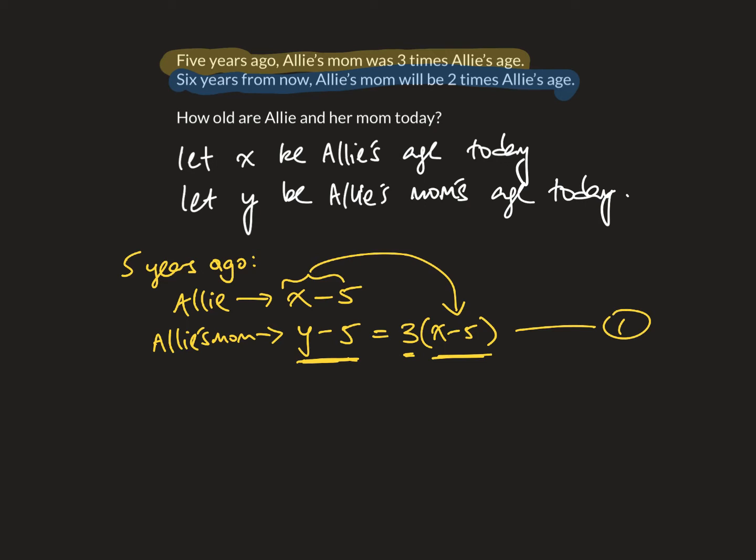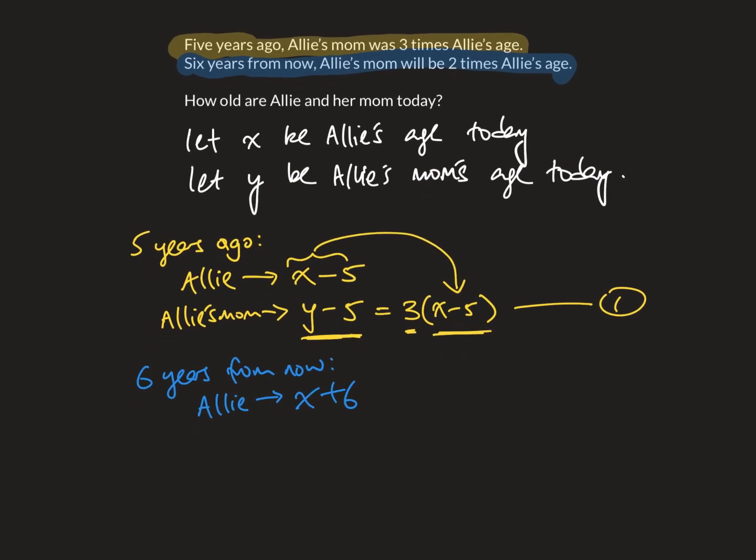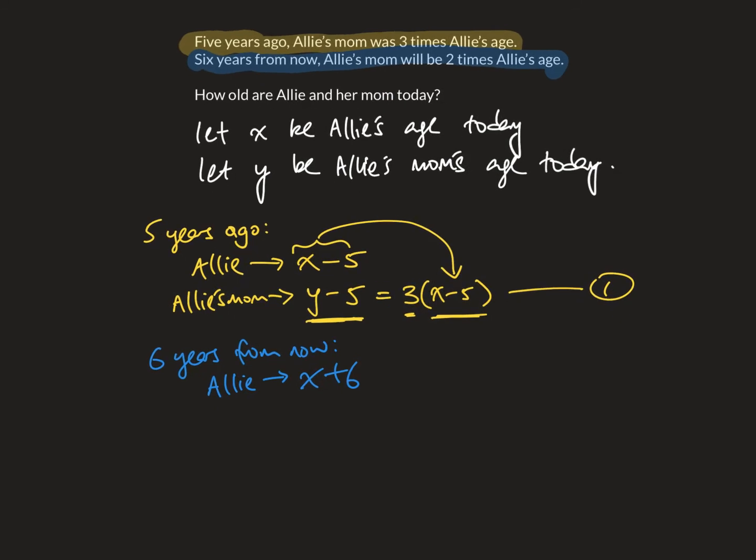Now let's look at the second piece of information. 6 years from now, how old will Ellie be? She will be x plus 6 years old. How old will her mom be? y plus 6.